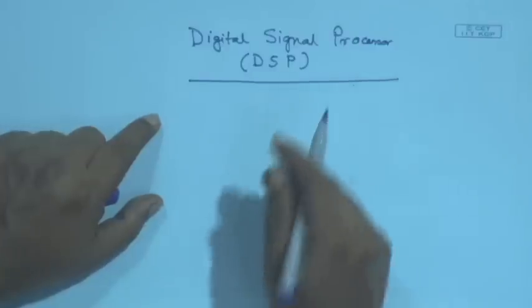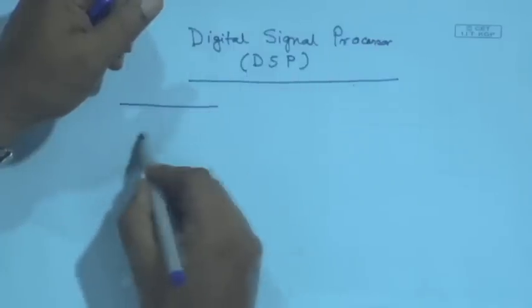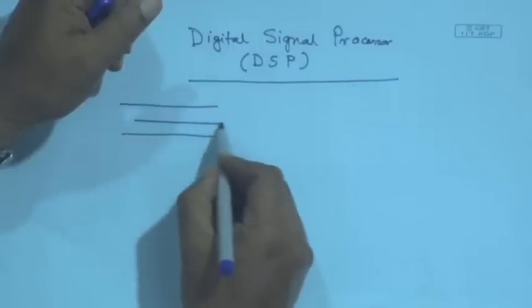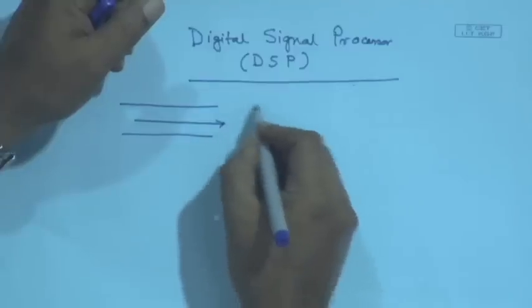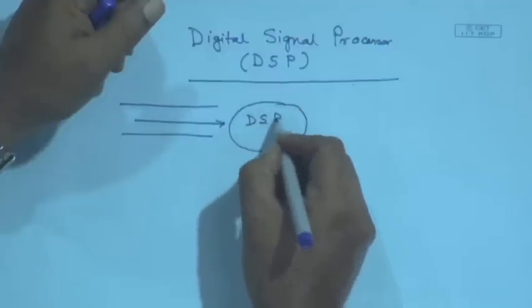Now, a DSP is used, as the name implies, for signal processing. Often we need very fast processing. We have streaming data, data is coming continually, and we have a signal processor which will have to process the data on the fly.